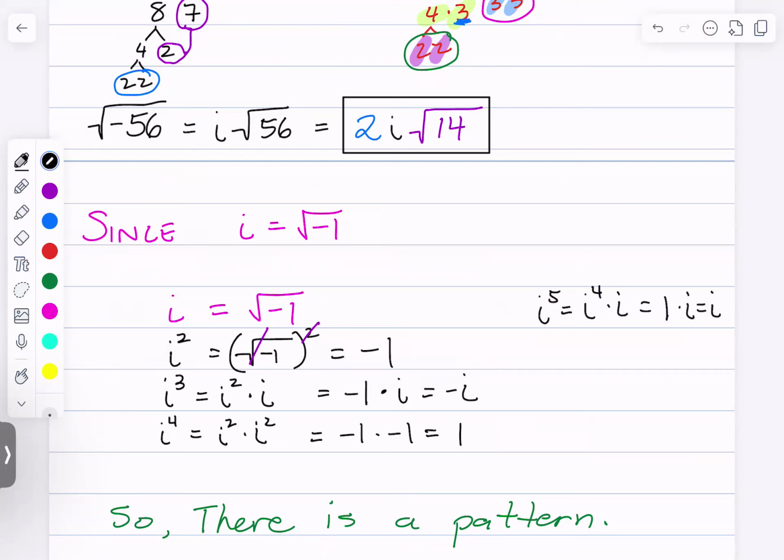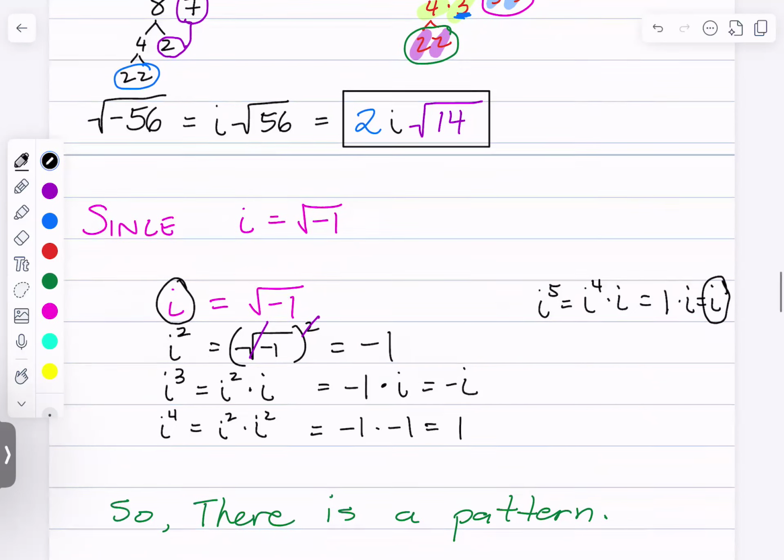So do you notice that this is the same thing as my first step here? We're going to go through this 4-step process again. If I go i to the 6, i to the 7, i to the 8, it's going to go through this process. 4 steps, 4 different values.